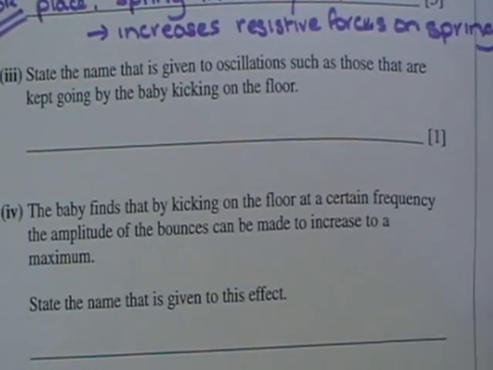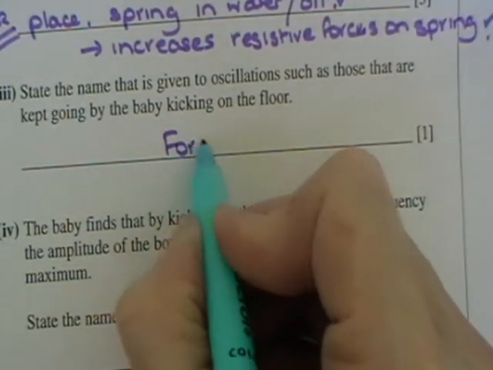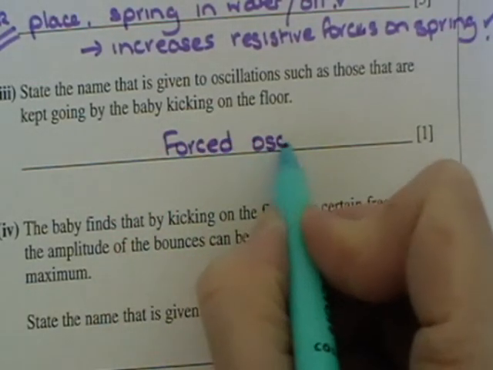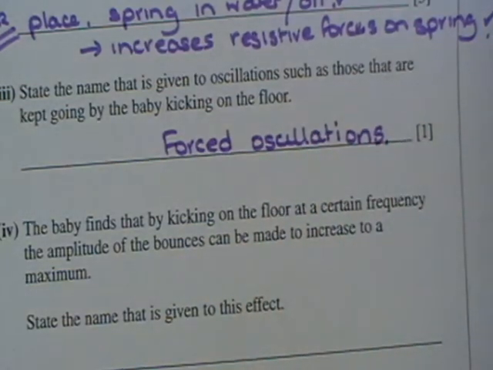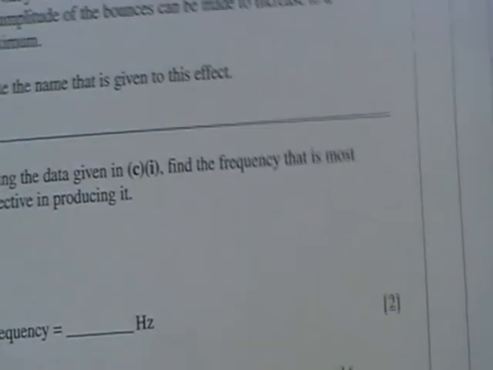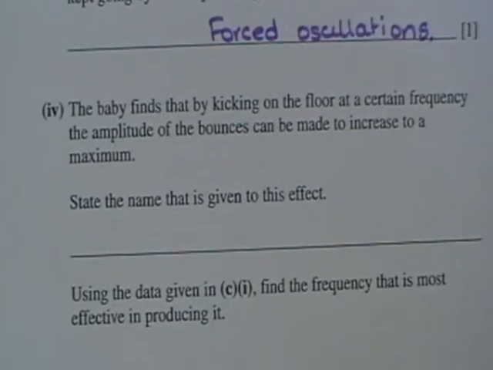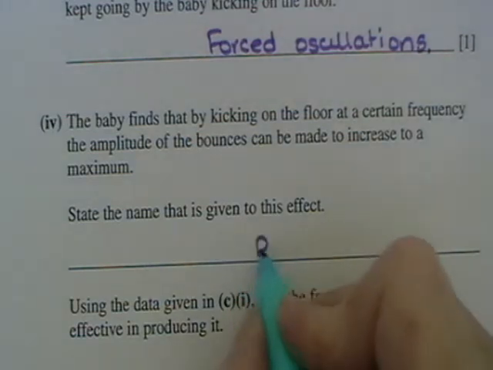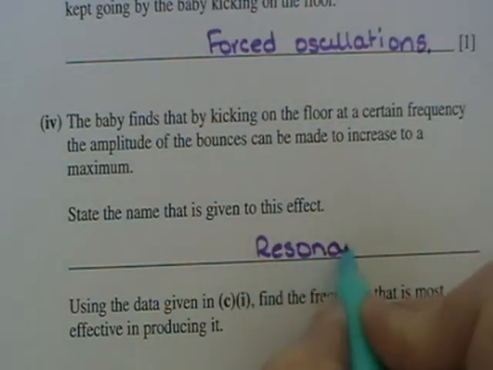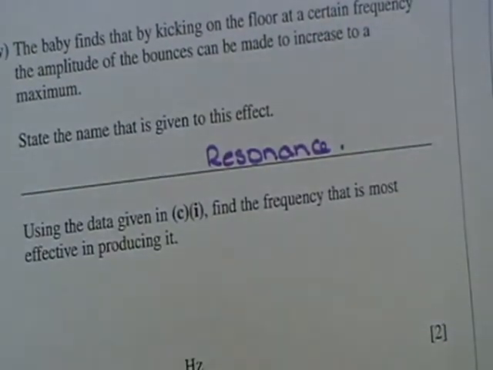State the name that's given to oscillations such as those that are kept going by the baby kicking the floor. They're called forced oscillations. The baby finds that by kicking the floor at a certain frequency, the amplitude of the bounces can be made to increase to a maximum. State the name that is given to this effect, and the name is resonance. Use the data given to find the frequency that is most effective in producing it.